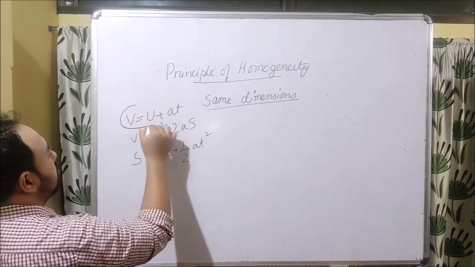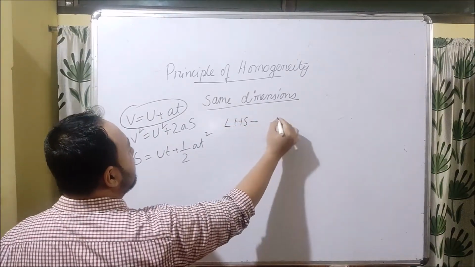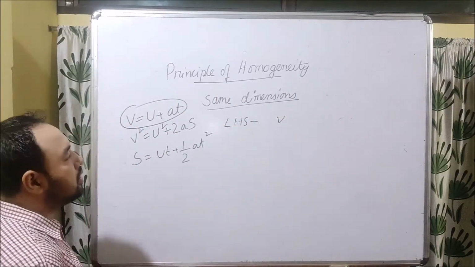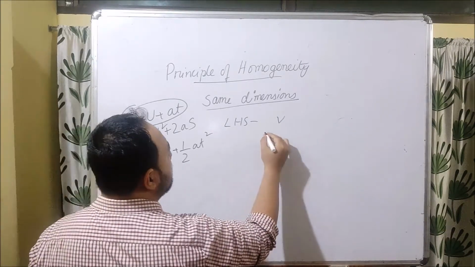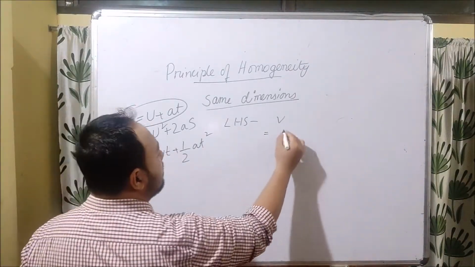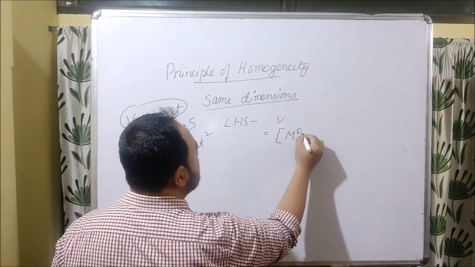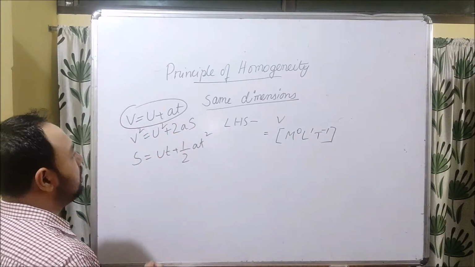So for the first one, left hand side it is v, which is the final velocity. So what is the dimensional formula for velocity? It is m0 l1 t minus 1.